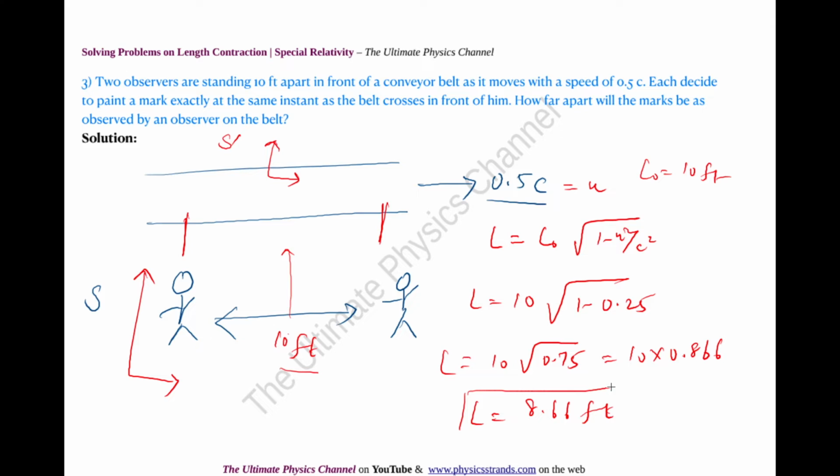So a distance of about 10 feet measured in the S frame of reference gets contracted to only about 8.66 feet if an observer is traveling with the conveyor belt. An observer sitting and traveling on the conveyor belt would measure the length to be only about 8.66 feet. Right. So that is the conclusion we can arrive at here.